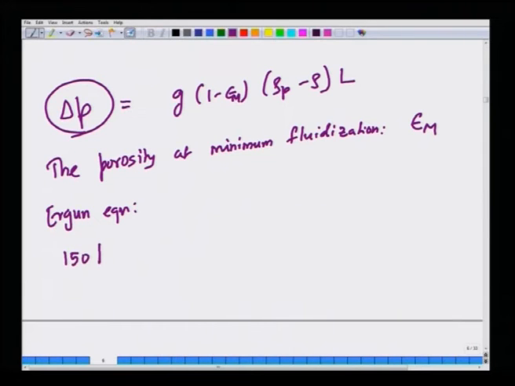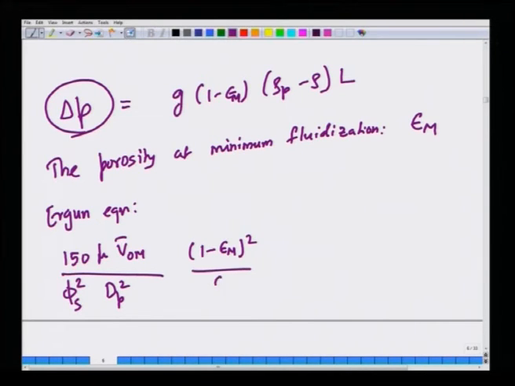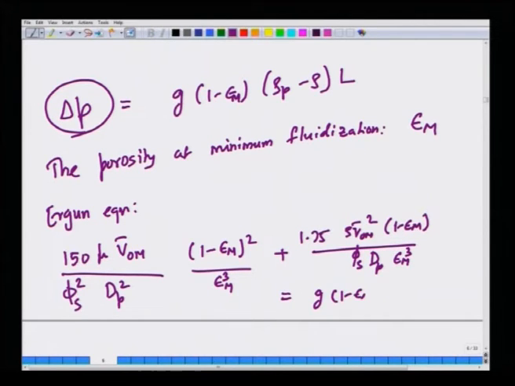We will find that 150 mu v_om, where v_om is the minimum velocity for onset of fluidization, that is the notation in standard textbooks, times (1 minus epsilon m) squared by epsilon m cubed, plus 1.75 rho v_om squared (1 minus epsilon m) by phi s dp epsilon m cubed, is equal to g times (1 minus epsilon m) times (rho p minus rho), because I am writing an expression for delta p divided by L. So, the L factor will not be there anymore.